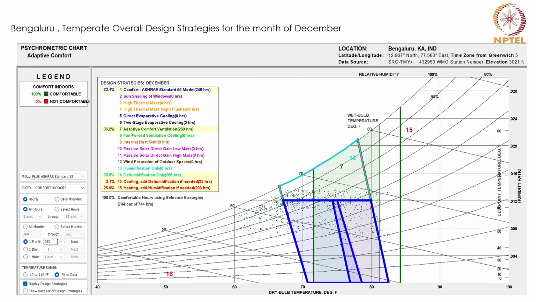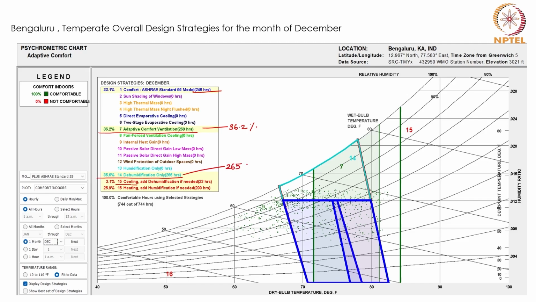In order to make 100% of the hours comfortable, we already saw that 246 hours are comfortable by itself. Then by adapting comfort ventilation, 36.2% of the hours become comfortable, and if we are able to dehumidify, then 265 hours become comfortable.